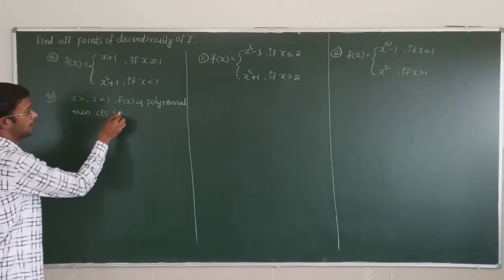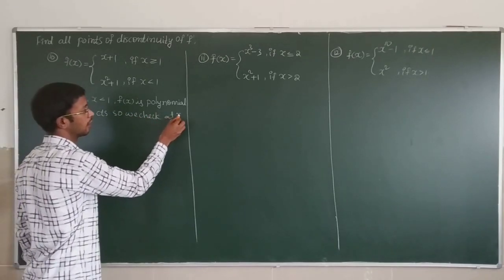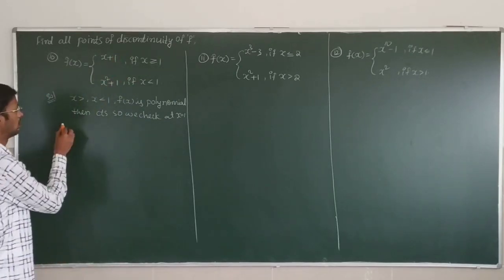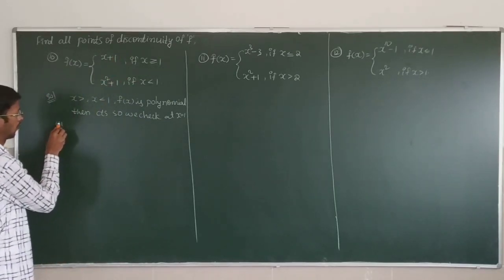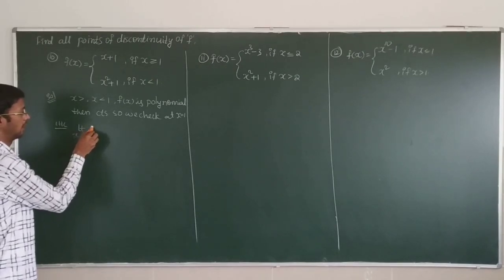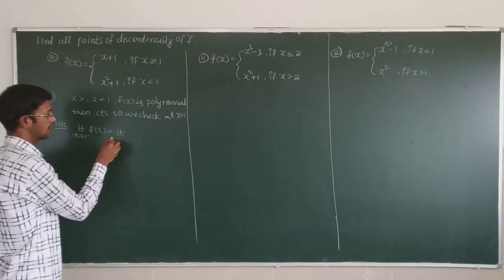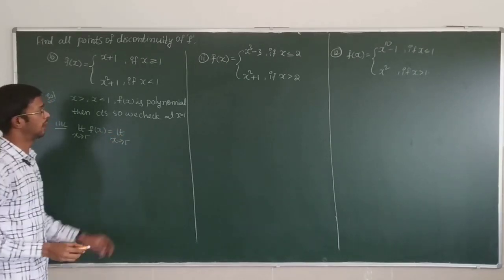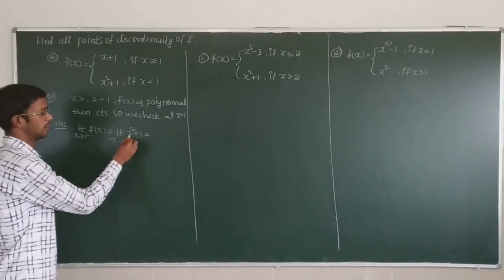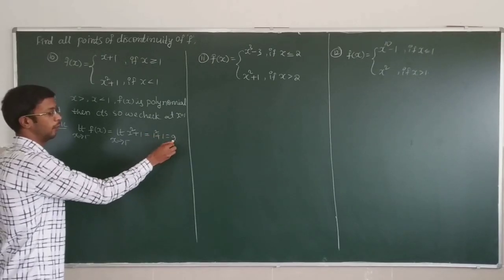So we check at x is equal to 1. At x is equal to 1, we have to check LHL first. Limit x tends to 1 minus f of x is equal to limit x tends to 1 minus, less than 1 value is x square plus 1. Substitute 1 here, 1 square plus 1 is 2.